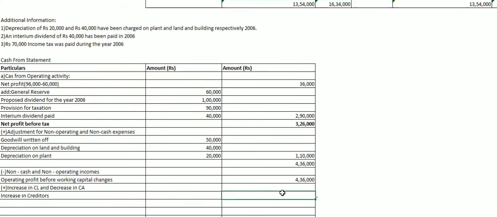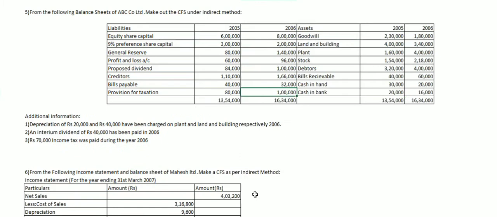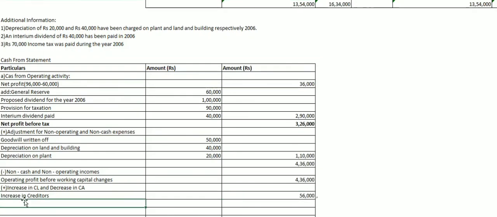The closing minus the opening balance. Your opening balance is 1,10,000 and closing balance is 1,66,000. So 1,66,000 minus 1,10,000, you'll get 56,000.